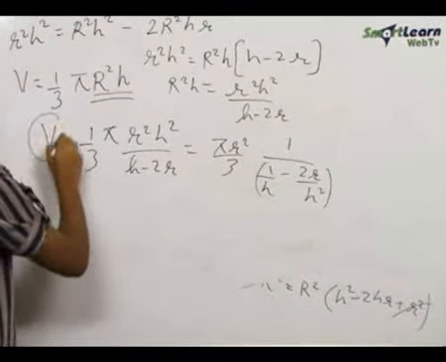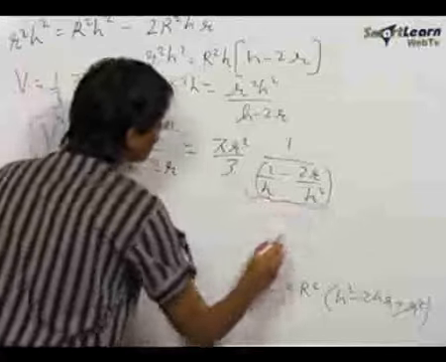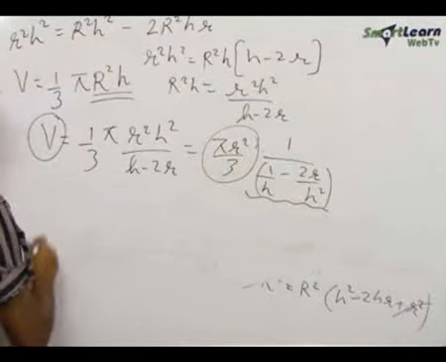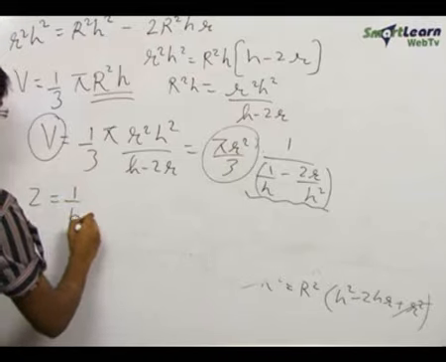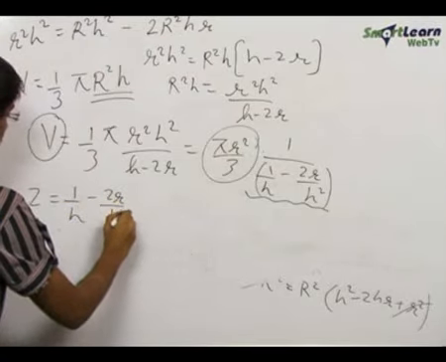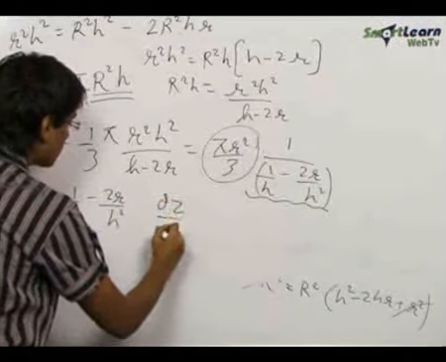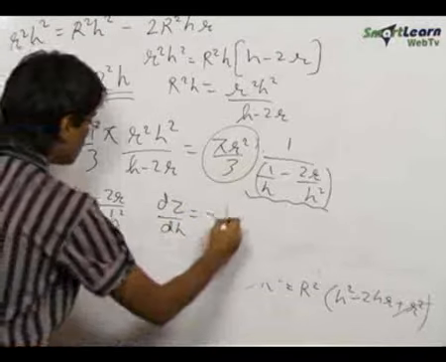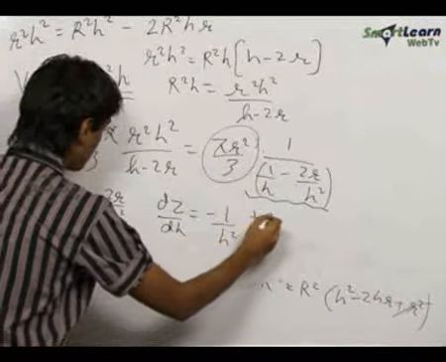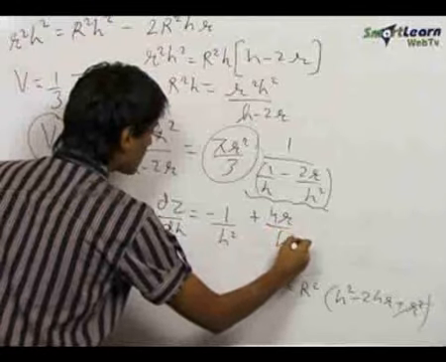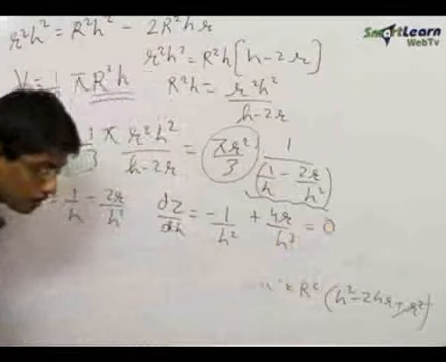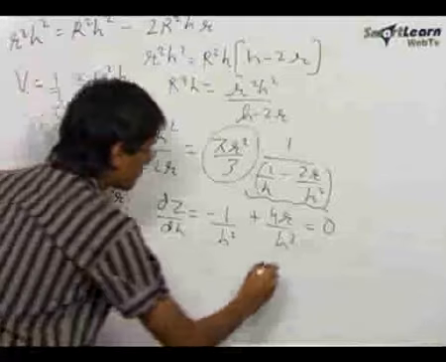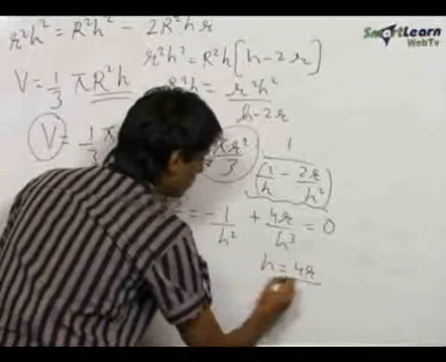Now in order to minimize the volume, the denominator has to be maximized because the rest is constant. So let us write z is equal to 1 by h minus 2r by h square. dz by dh, which is the differential of z with respect to h, is equal to minus 1 upon h square plus 4r upon h cube is equal to 0 for maxima. This gives us h to be equal to 4r.